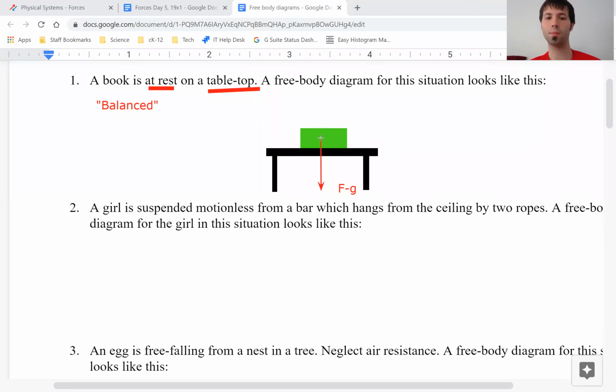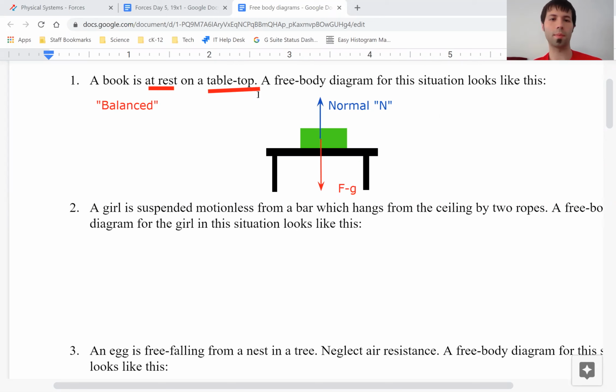The table is keeping the book from moving down. And remember, whenever a solid surface is pushing something back up, we call that the normal force. I'm going to type it out this time, but I'm going to abbreviate it in the future, with a capital N. Normal.